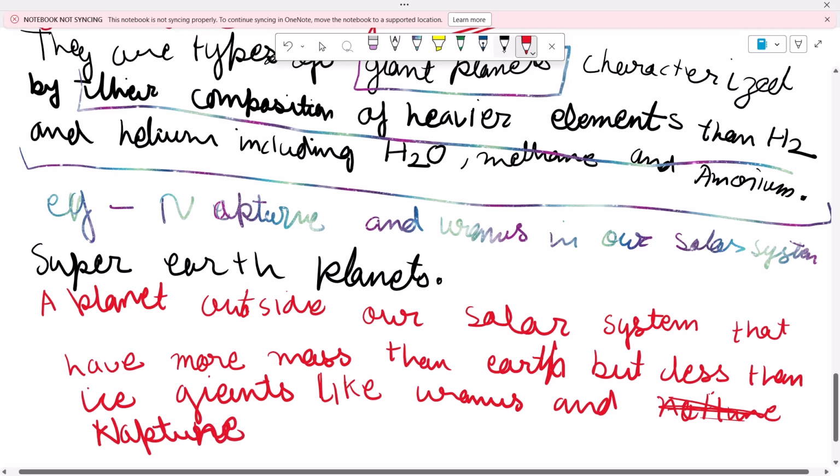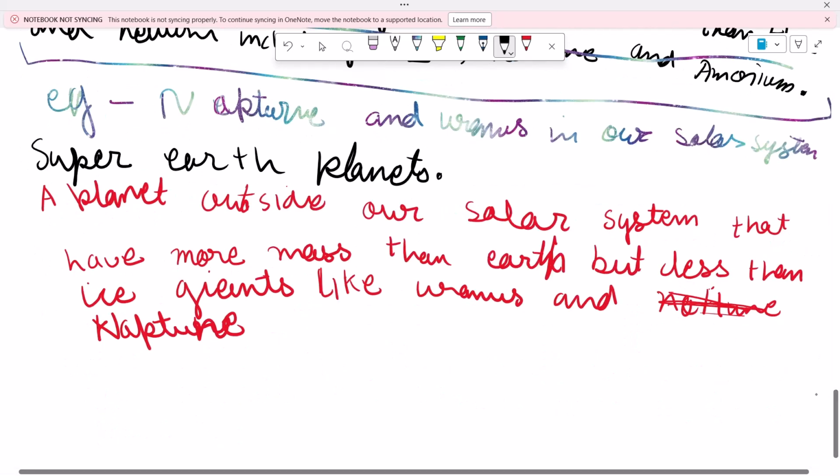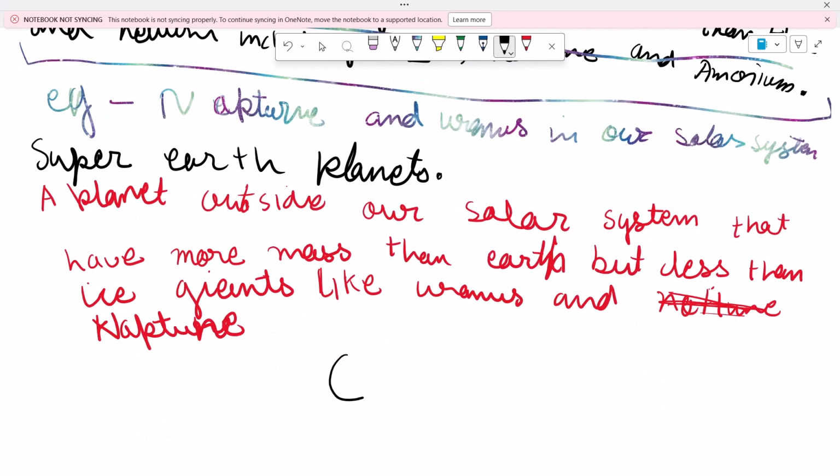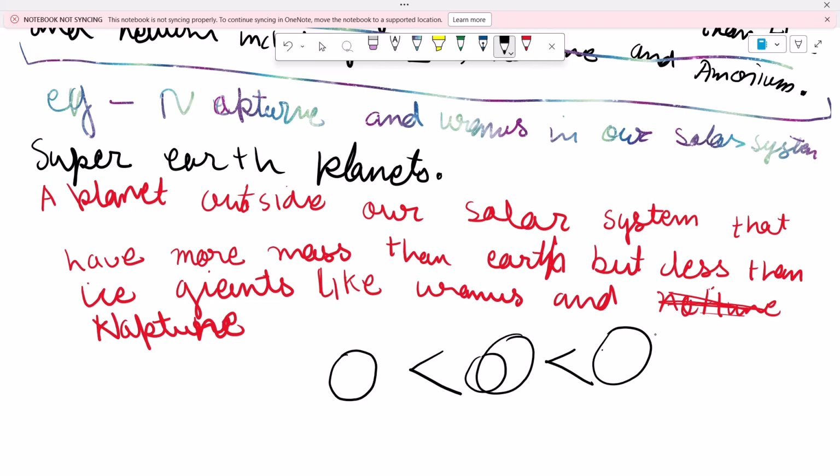Which means that Earth's mass is smaller than the exoplanet's, but the exoplanet has a smaller mass than the ice giants like Uranus and Neptune.